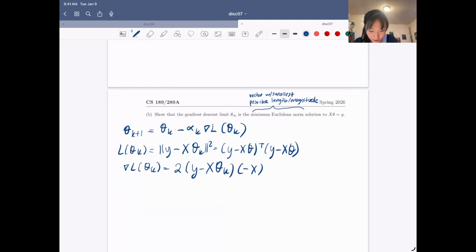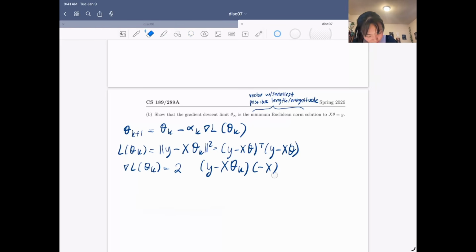But it's not quite, because the dimensions don't match. To make sure the dimensions match, the negative sign stays up here, and instead of having x in the back, we move x to the middle term and then transpose it.